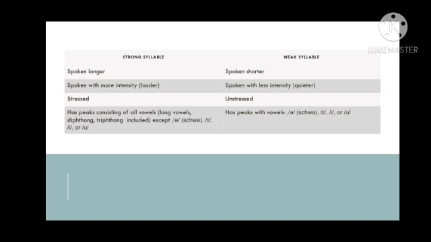They are also stressed and have peaks consisting of all vowels, such as long vowels and diphthongs, except schwa, i, or u. And as for the weak syllable, they are spoken shorter and quieter. They are also unstressed and have peaks with vowels such as schwa, i, or u.